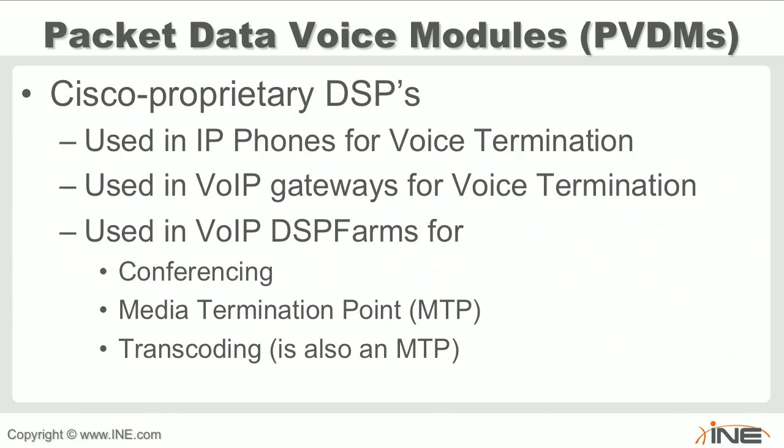In a voice gateway, which we'll find out is a Cisco router, then I might have an FXS port in order to go to an analog phone, or an FXO port to go to an analog central office circuit, or possibly a PRI, T1 or E1, to go to a digital PSTN or central office circuit that's got many voice channels.